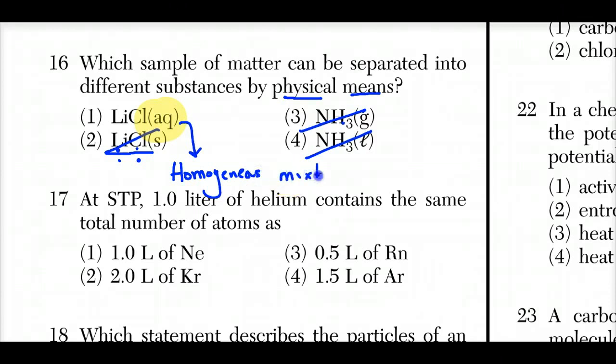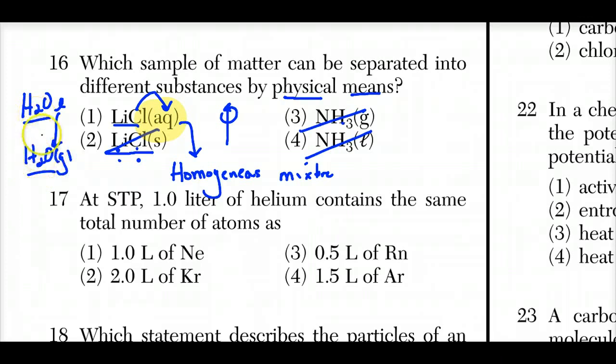Why is it a mixture? Because I have lithium chloride mixed with water. Aqueous means mixed with water. And therefore, it was made by stirring a stirring rod with solid in a beaker. It was made physically. Now I can separate it by boiling off the water, and boiling off the water is a physical process because H2O liquid, if it goes to H2O gas, is still H2O.